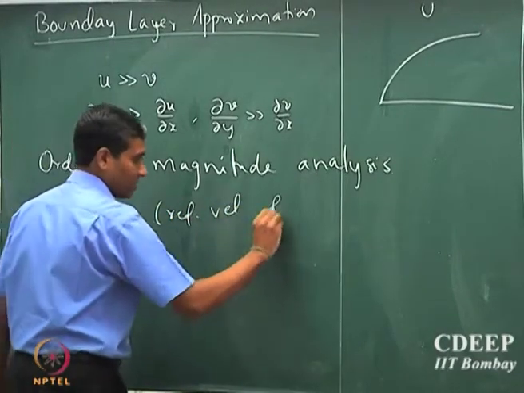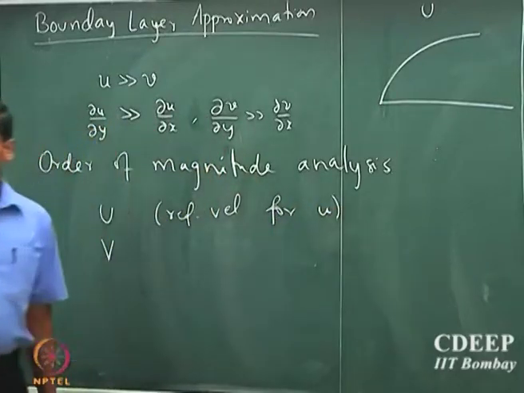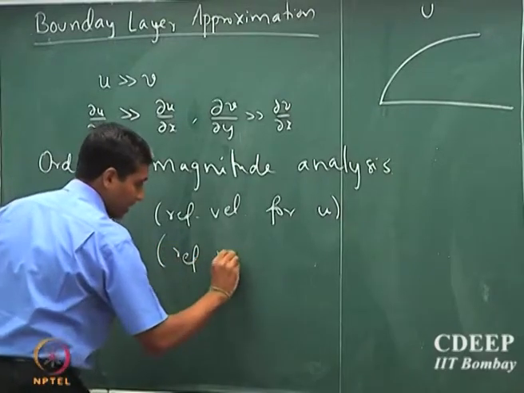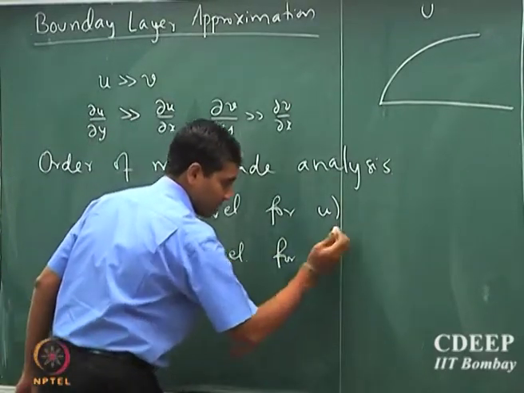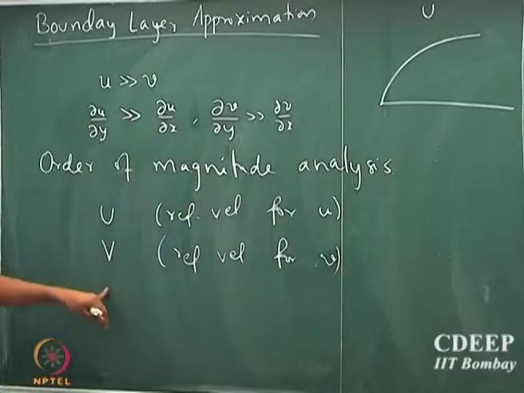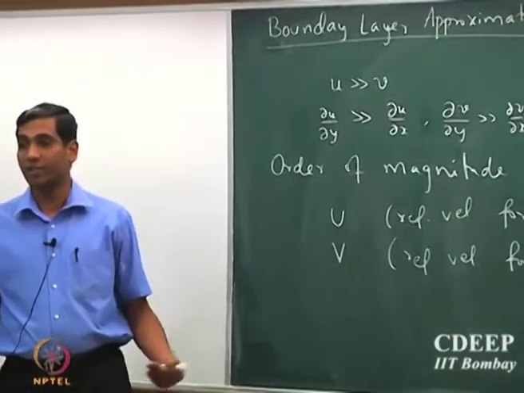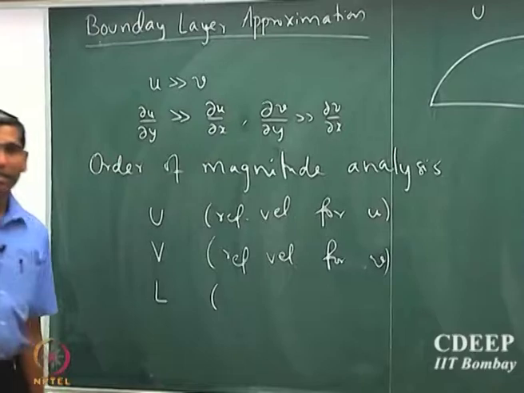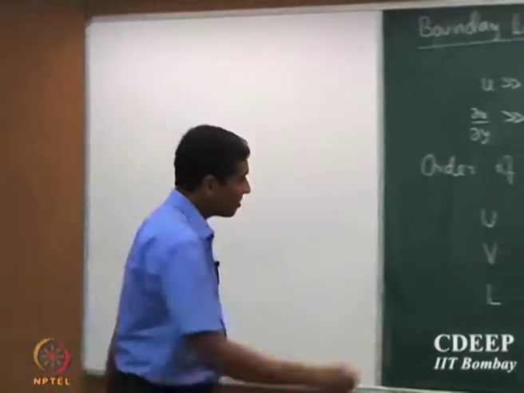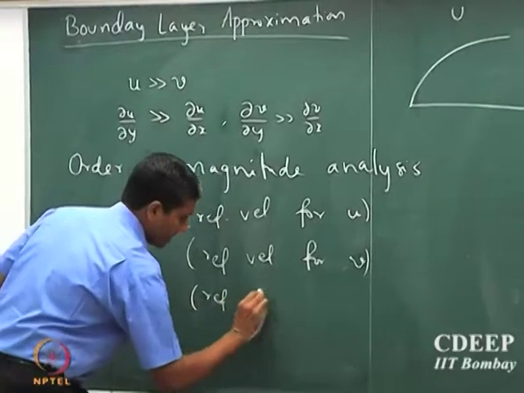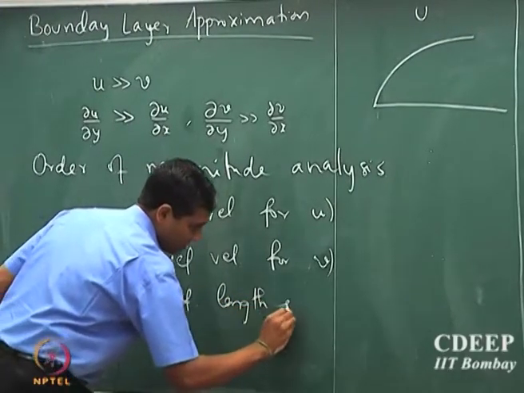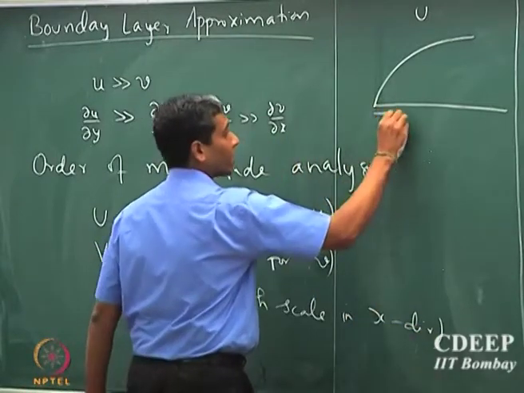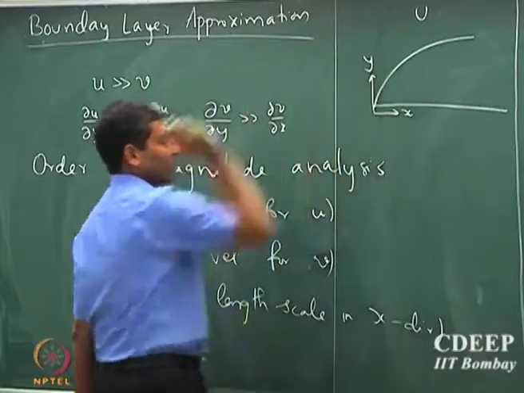If this is the reference velocity for v, we still don't know what this capital V is. And L, let's say, is the length of the plate, the reference length scale in the x direction. I define coordinates as x and y.